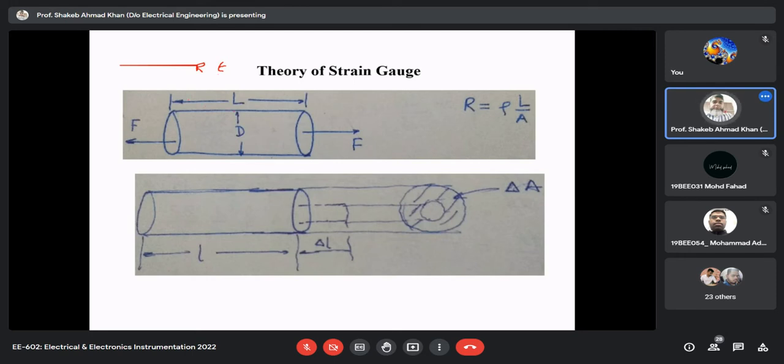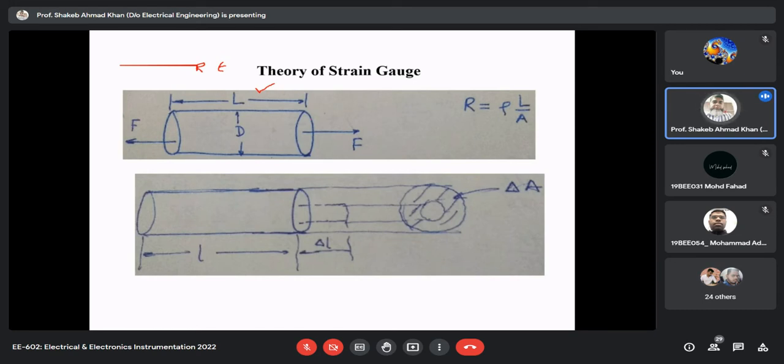So this piece of wire, that we are calling a strain gauge, is subjected to strain. It means we are applying force on this side and this side. So obviously, whenever it is stressed, it will get deformed within its elastic limit.